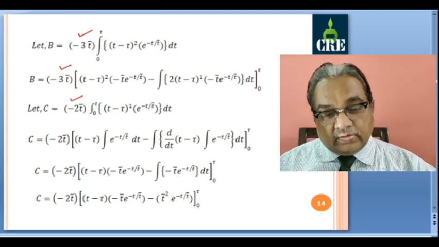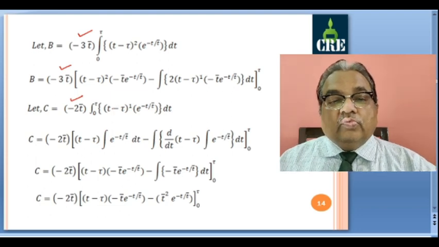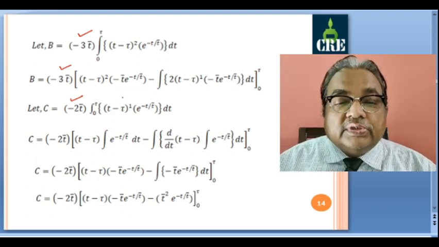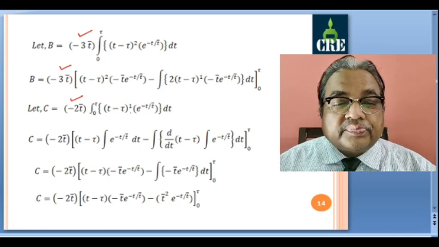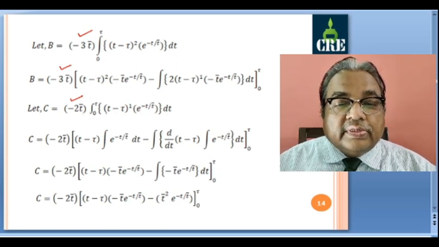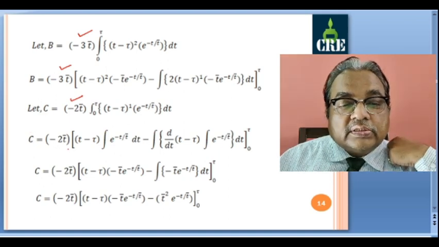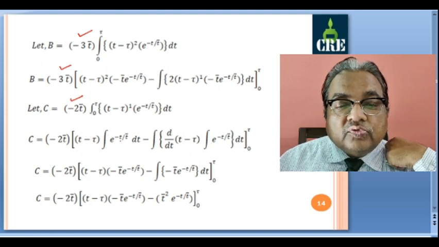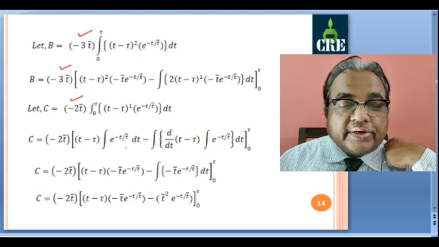Again I am getting one function which once again I will have to solve by parts. So I am writing this as another constant, let us say c, equal to this minus 2 t bar, first function into integration of second minus integration of derivative of first into integration of second.